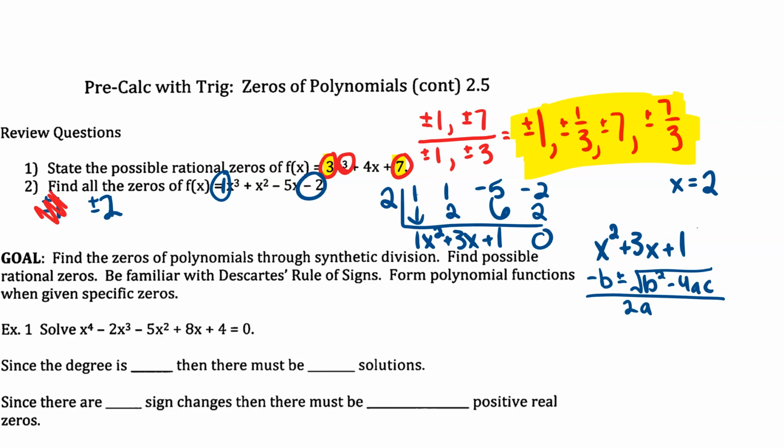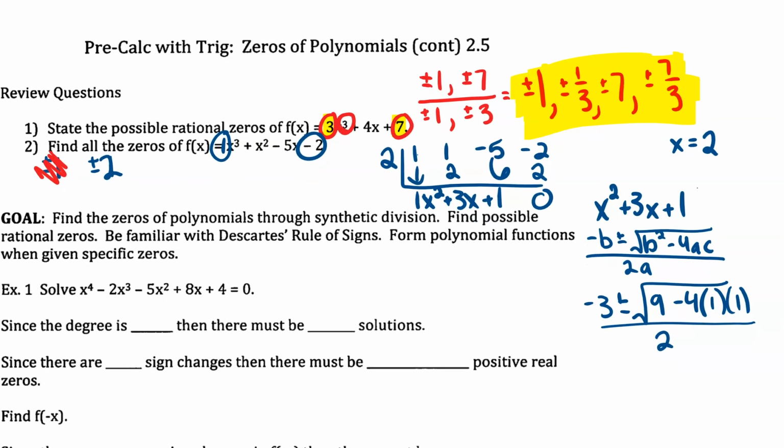So plug in 3 for your b. So -3 plus or minus the square root of 3 squared, which is 9, minus 4 times a, which is 1, times c, which is also 1, all over 2 times a, which is 1. So it'll just be 2 on the bottom.